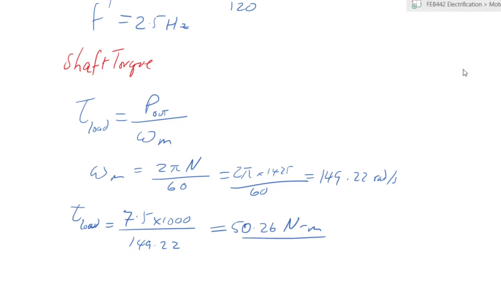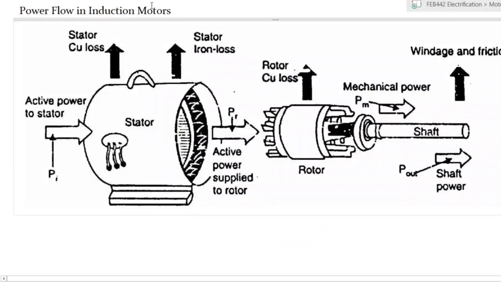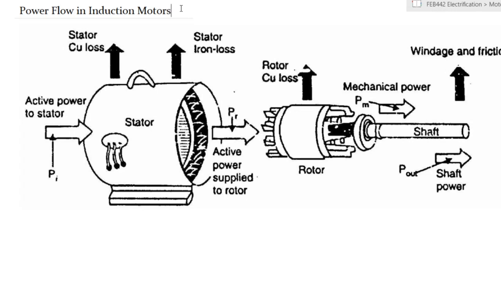So the last part of this, we will be looking now at the power flow in induction motors. When you look at induction motors, you have various points at which your power changes, right? We said that the principle of electrical motors is that they take electrical power as an input and output mechanical power.